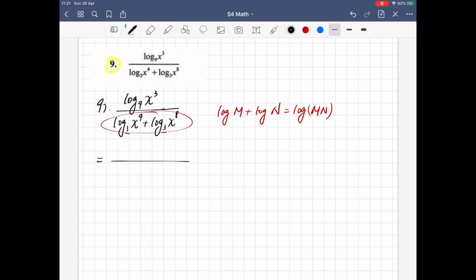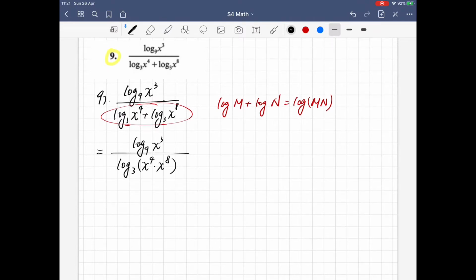So we have log x to the power 4 times x to the power 8 with base 3. Okay. And for x to the power 4 times x to the power 8, it will become x to the power 12.